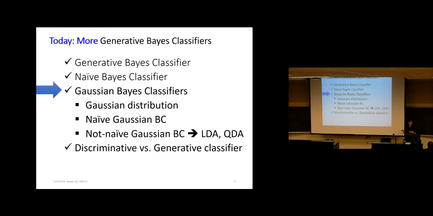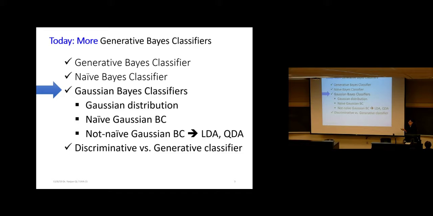Today I'm not going to talk about the discrete type of Bayes classifier, but instead the Gaussian Bayes classifier, and the very classic statistical models called LDA and QDA. These two models are very important classification models, which people focus on in the statistical community, and they relate nicely to what we just covered last week.